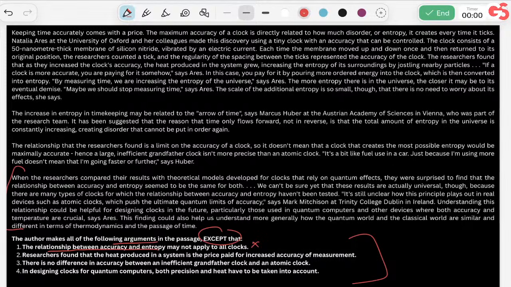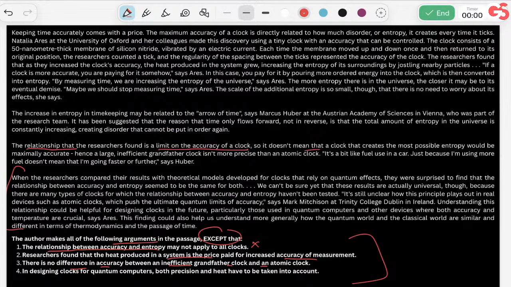Second, researchers found that the heat produced in a system is the price paid for increased accuracy of measurement. अच्छा. Three, there is no difference in accuracy between an inefficient grandfather clock and an atomic clock. क्या बोला गया है यहाँ पे? ये बोला गया है ना? ये बोला गया कि नहीं बोला गया? देखो, relationship is a limit on the accuracy of clock.